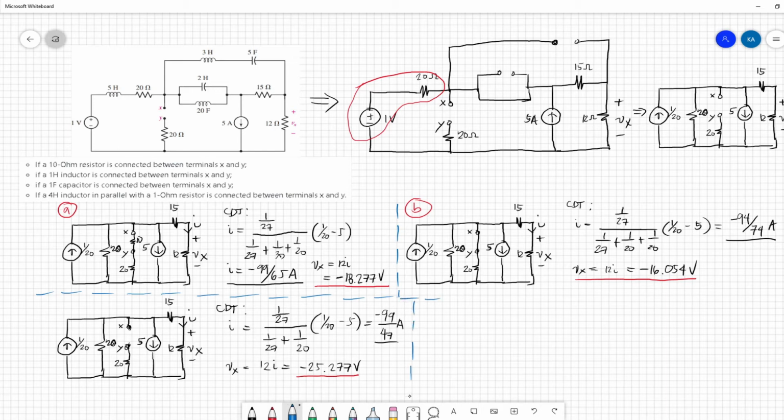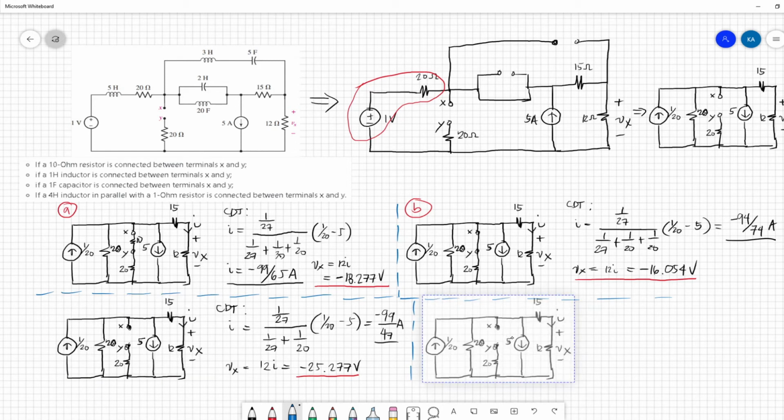Now last case, if we have a 4 Henry inductor in parallel with a 1 ohm resistor. So using the same circuit, we have a short circuit in parallel with a 1 ohm resistor.